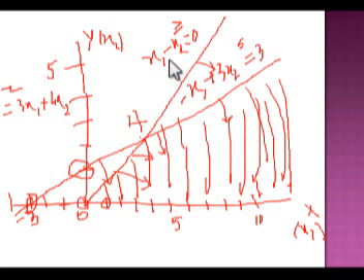Its coordinates will be, we put here x2, then it will be 2x2, 3 by 2. This is the point. So we will take a straight line which passes through this point.